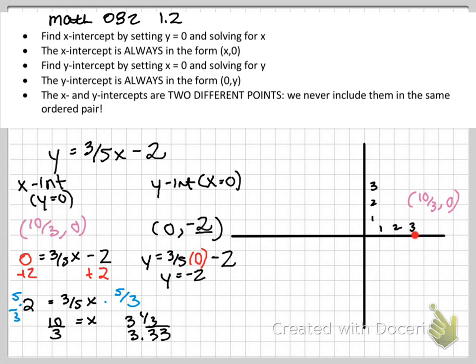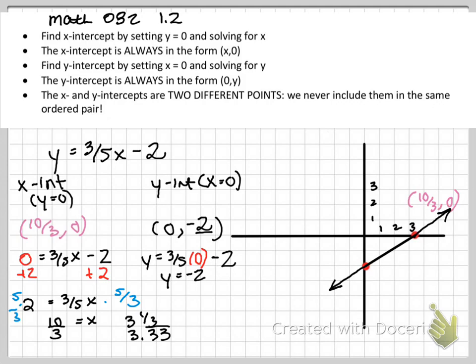So that's the number that goes right here, and then we have that point right here. Then we could connect those points in a line, which I did not do a good job of. There we go. Again, remember, as you draw this on your paper, you need to make sure that your line is extending the whole space that you're provided to graph and that you're using arrows to indicate your line is extending in both directions.